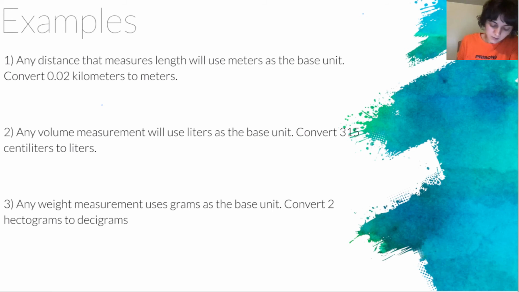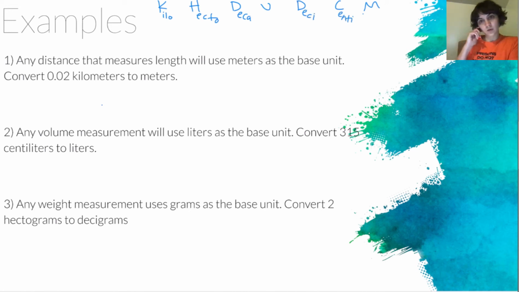I'm going to start off saying King Henry died unusually drinking chocolate milk. And so that's my kilograms, my hectograms, my decagrams, then just my base unit, then decigrams, centigrams, and then my milligrams, right? So there's all my units just at the top.